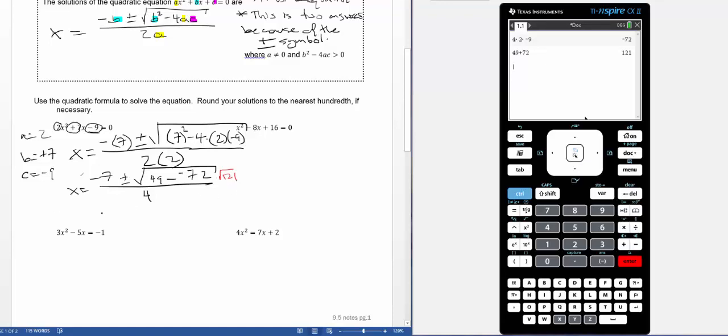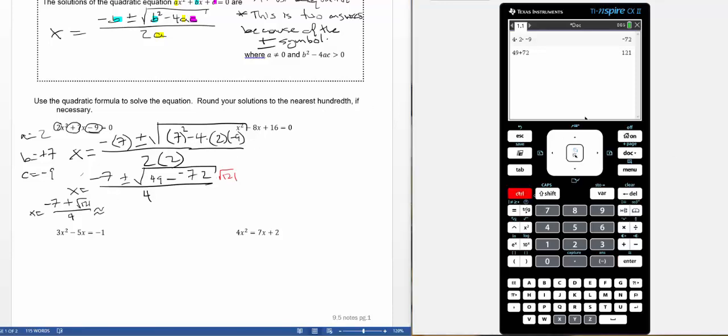And to minimize the algebra going on here, I'm going to type all this in as one big fraction. So I'm going to type in x equals negative 7 plus the square root of 121 over 4. And I'll round my answer to the nearest hundredth.